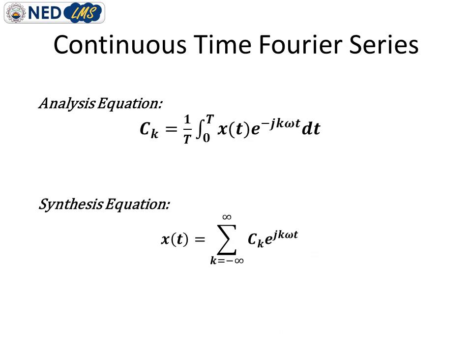As we have discussed the analysis and synthesis equations of the continuous time Fourier series, which are basically in the trigonometric form, another convenient form is the exponential form of the Fourier series, or exponential form of the continuous time Fourier series. And the analysis and synthesis equations for the exponential form are written on the slide.